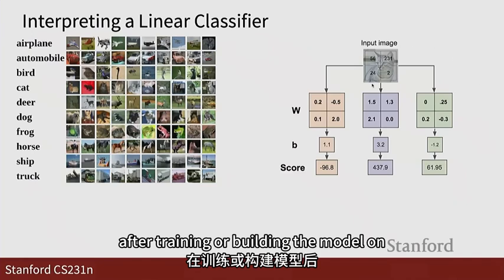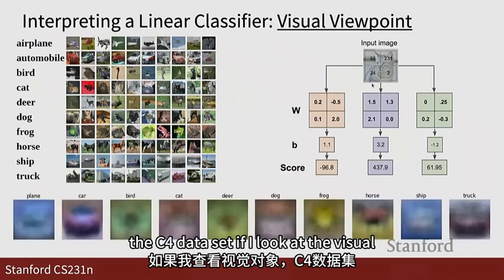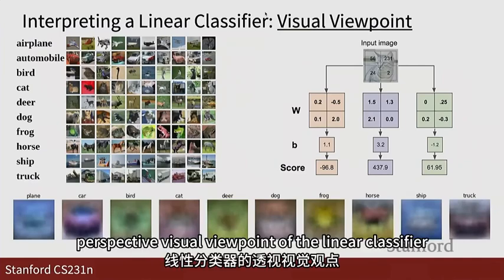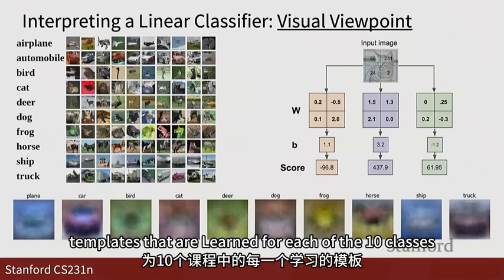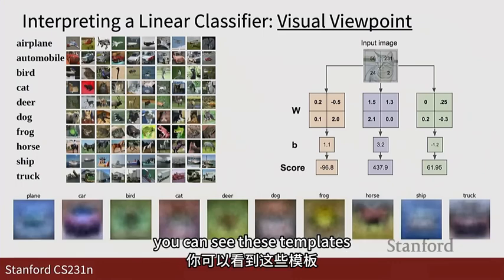And after training or building the model on the CIFAR data set, if I look at the visual viewpoint of the linear classifier, at those templates that are learned for each of the 10 classes, you can see these templates.